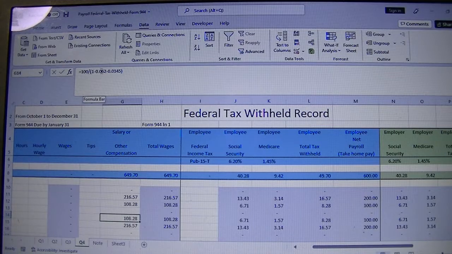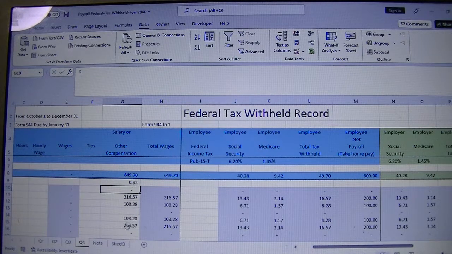So this is the rate. And if that's something you'll do often, it will be a good idea to calculate the rate. So the rate is going to be 1 minus 0.062 minus 0.0145, which is 0.92.